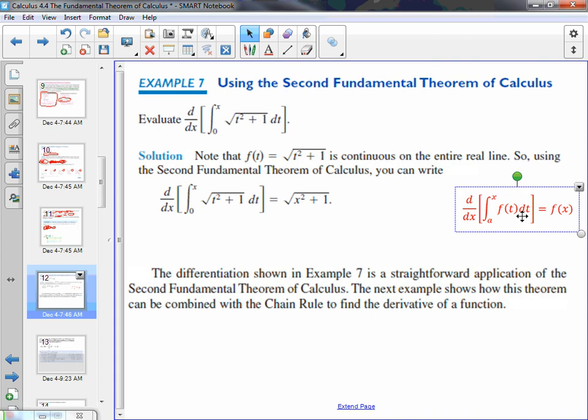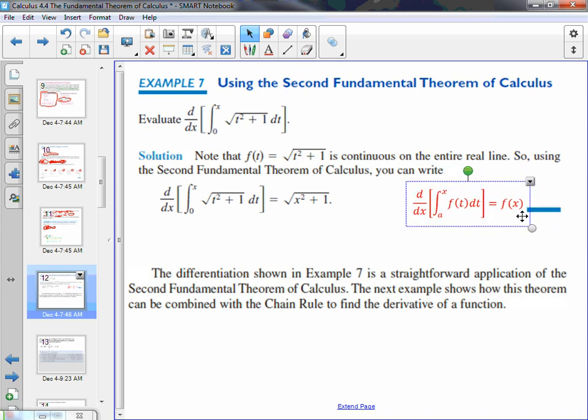So I've recopied here our equation, our definition that goes with the second fundamental theorem of calculus. So let's see how it plays out.